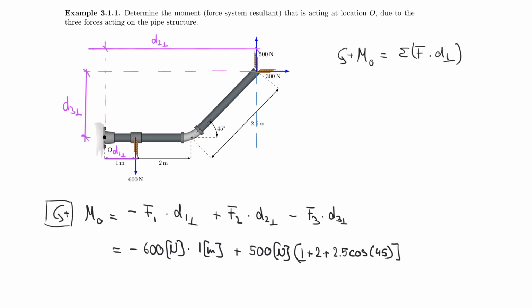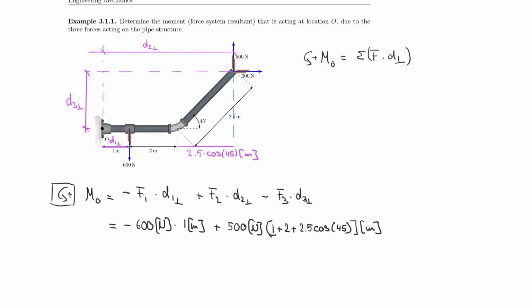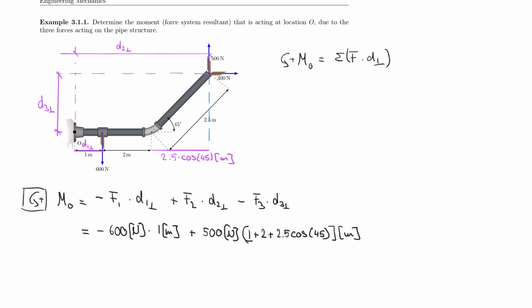And let me, for clarity, also add that, so that we understand that we're talking about this distance here, which is really 2.5 times the cosine of 45, and of course that's in meters, and so I shouldn't forget that here on the bottom either. But now I have that component complete, and I need my last component, which is the 300 newtons, and that was negative, so minus 300 newtons. And of course you already guessed what the lever arm is. It's times 2.5 meters multiplied by the sine of 45.